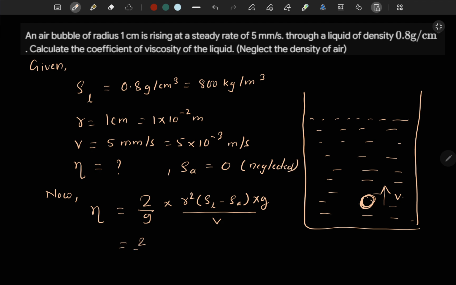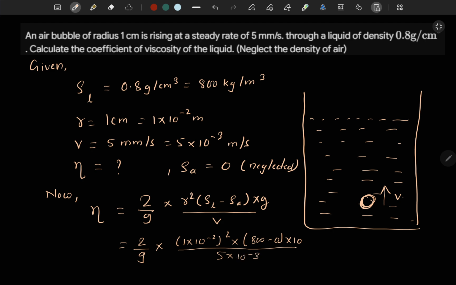Now putting the values, 2 by 9 into radius 1 into 10 power minus 2 square, into density of liquid 800 minus 0, into 10, by terminal velocity 5 into 10 power minus 3.